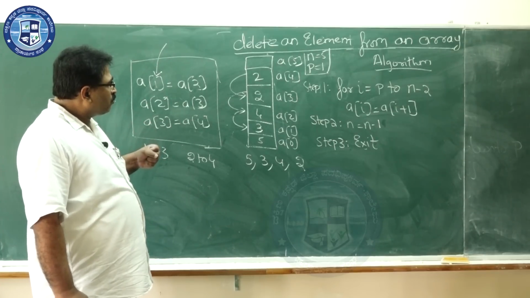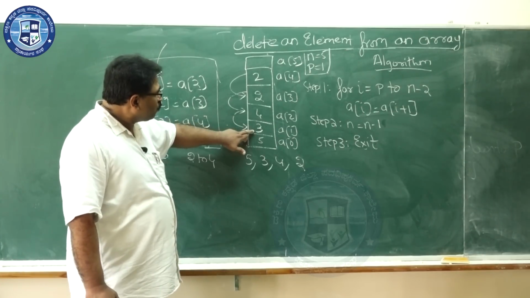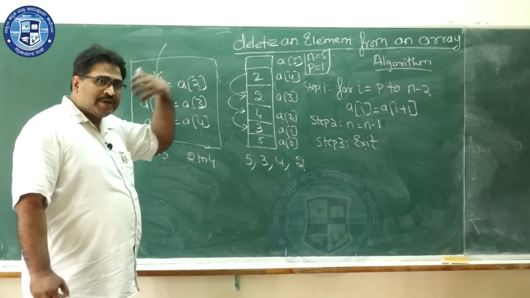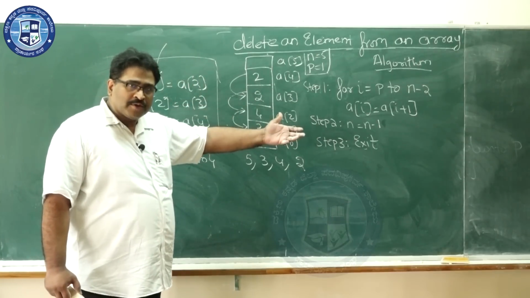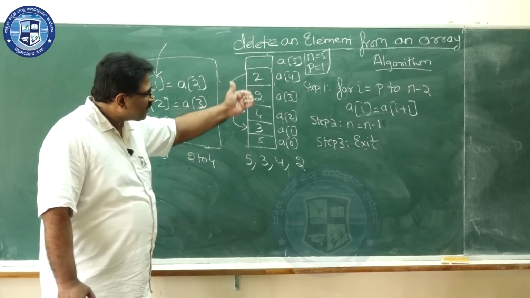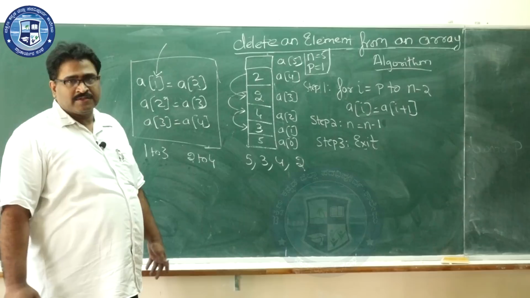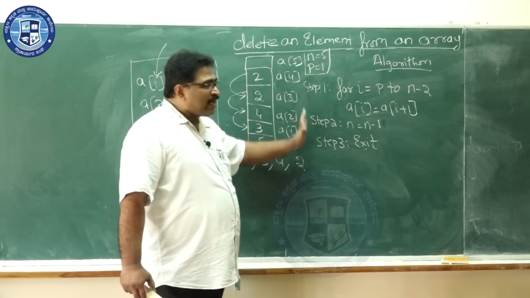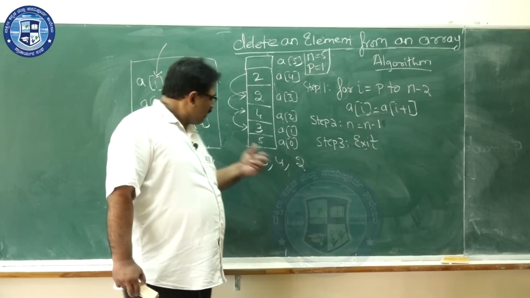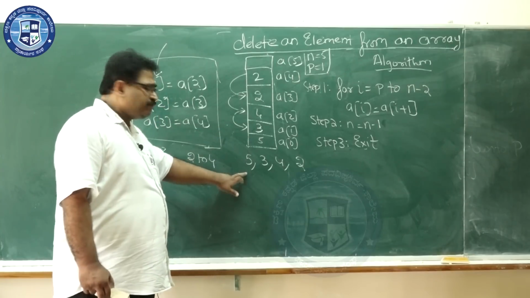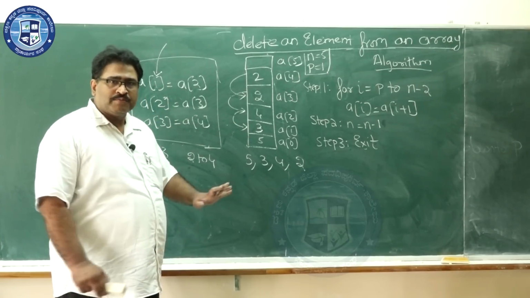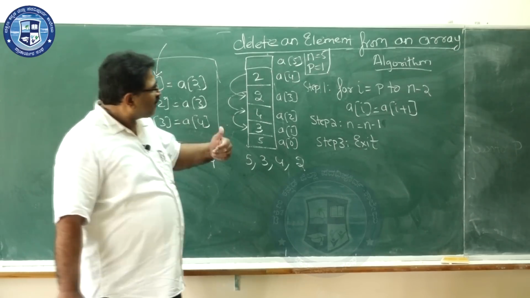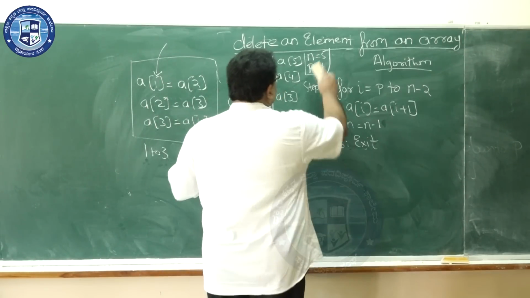Now, if the element you are going to remove from here, I want to make use of that element in the future, then there will be a slight change in this. Please understand this. With this algorithm, it tells that I don't need the value 8. It's gone permanently. But suppose you need that, then there will be a slight change in the algorithm.